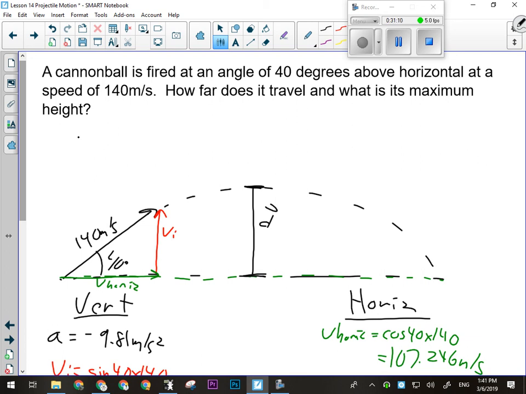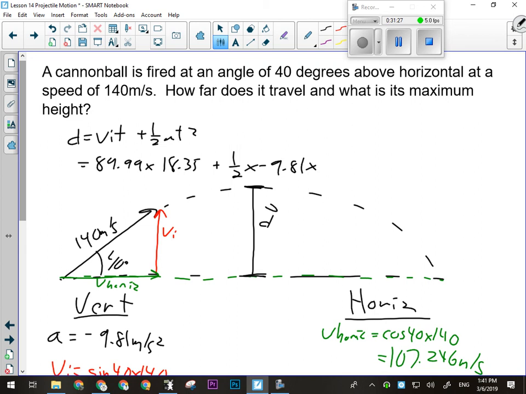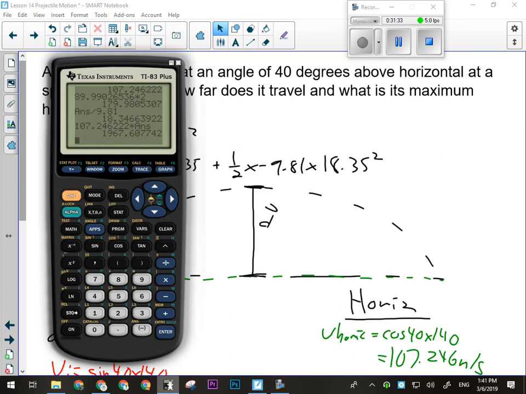If I'm using half the time, then I'm going to go V I times T plus 1/2 AT squared. So that'll be 89.99 times 18.35 plus 1/2 times negative 9.81 times 18.35 squared.